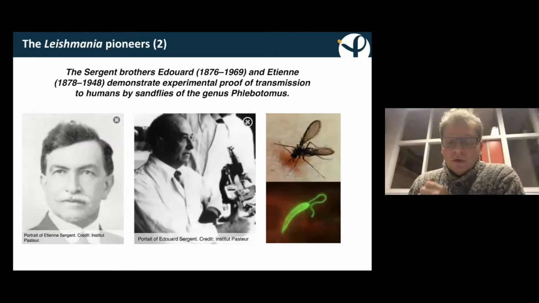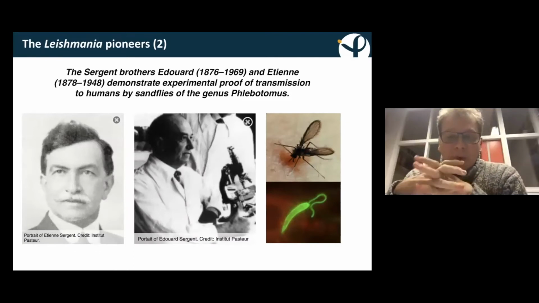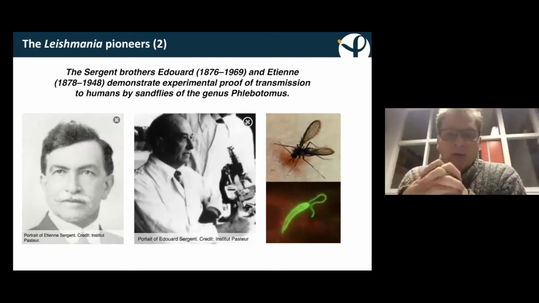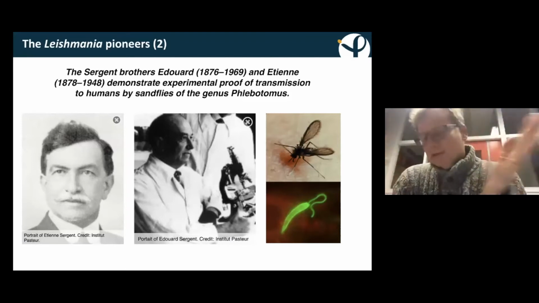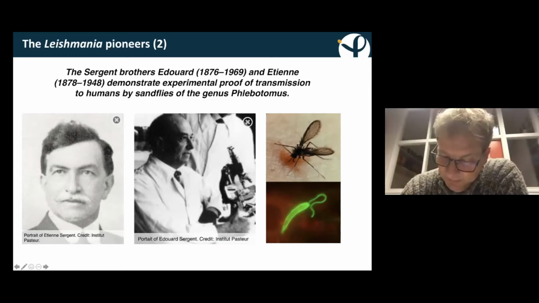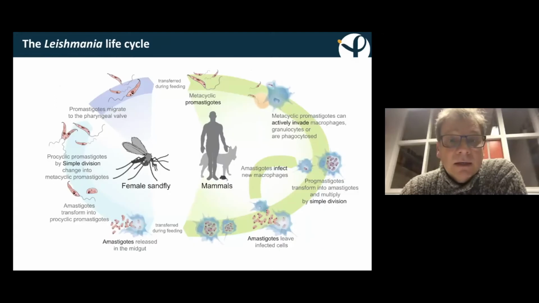And then just to conclude the life cycle, we have these two brothers, Edouard and Etienne Sergent, who were working at the Pasteur Institute in Algeria some time ago, and they found that it's not bad water, because this is what people thought: you drink bad water, you get Leishmania. They identified this little sandfly as the carrier of this form of the parasite. So the life cycle was identified, and this is now a typical life cycle as we see it.